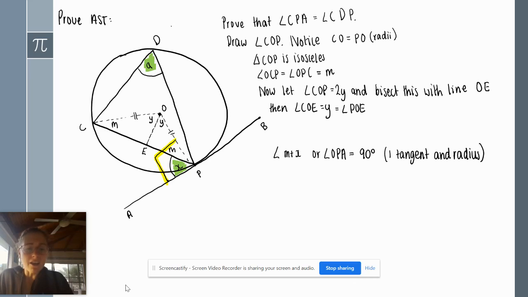Are there any other angles with x or m that equal, say, 90 degrees? What else can you find here? This is where we come back to our line OE.